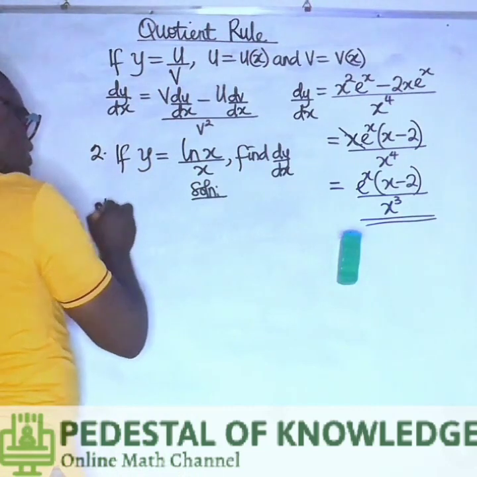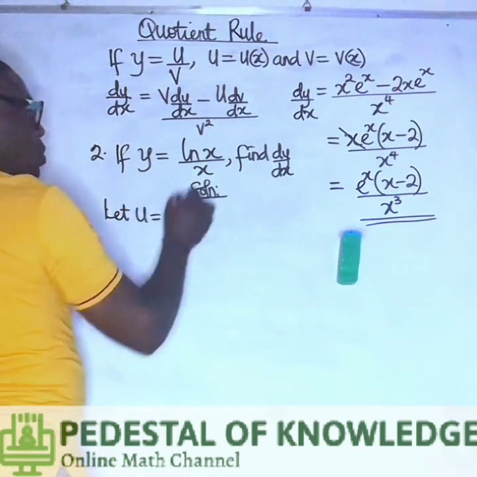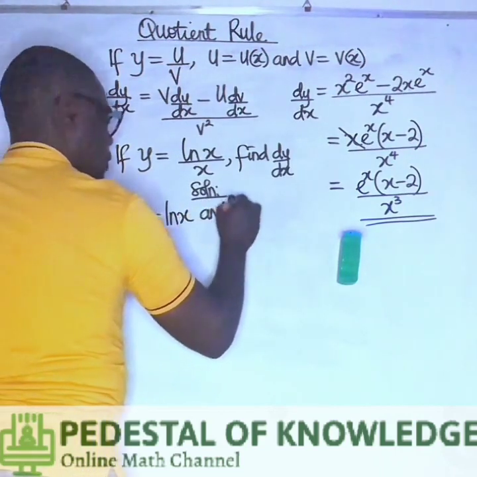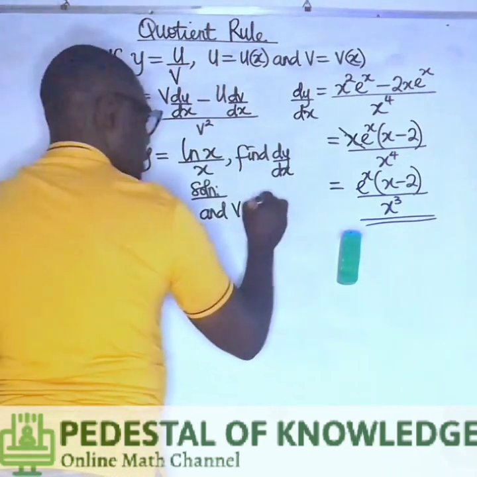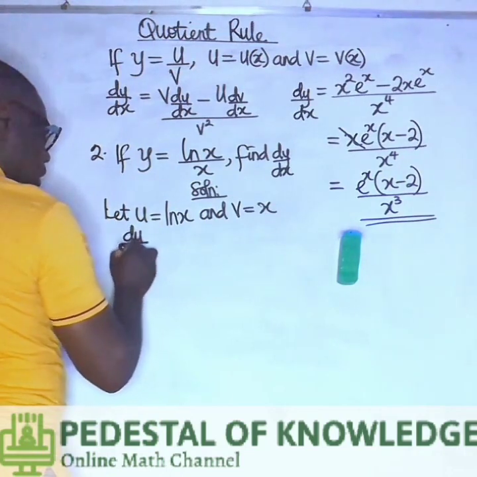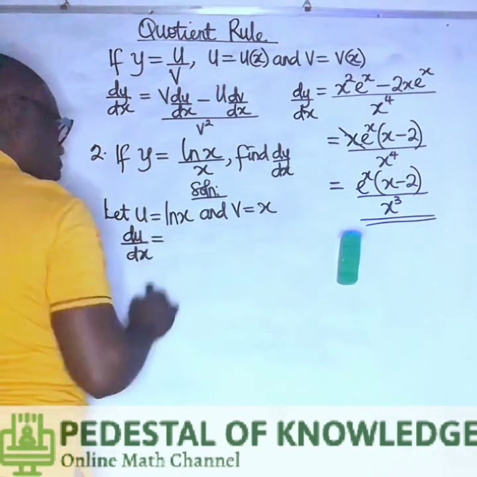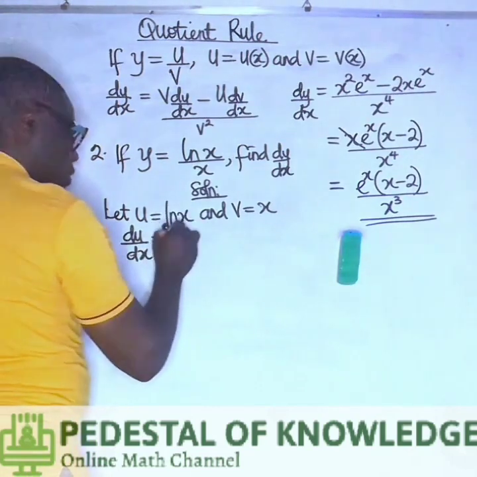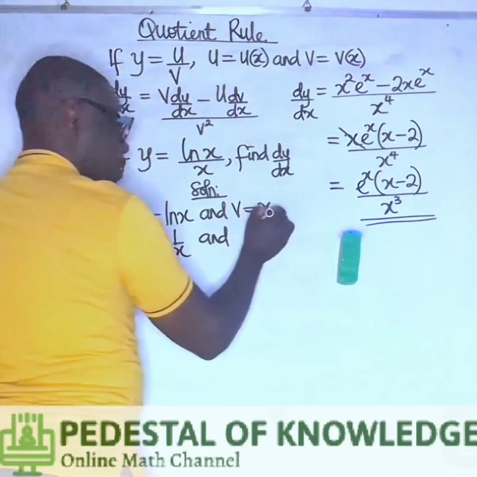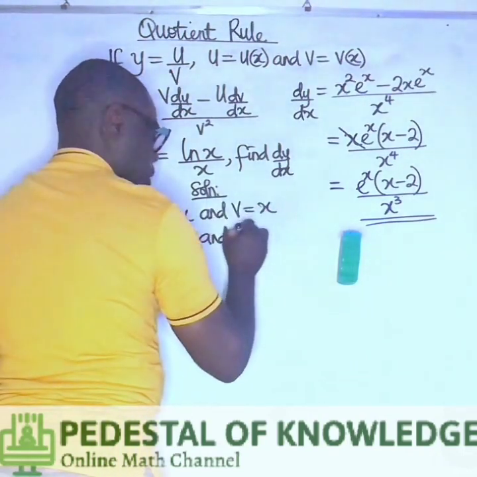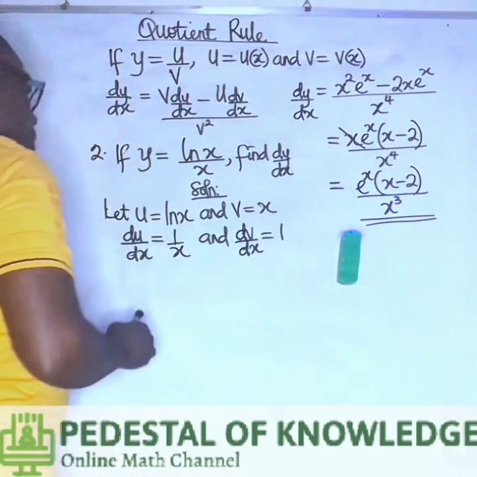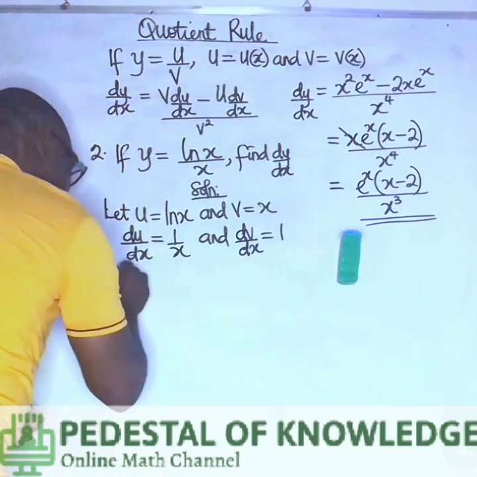Now we say let u be equal to the numerator, that is ln x, and v be equal to the denominator, which is x. So when we differentiate, du/dx is equal to the differential coefficient of ln x, which is 1 over x, and the differential coefficient of x is equal to 1. That is, dv/dx is equal to 1.